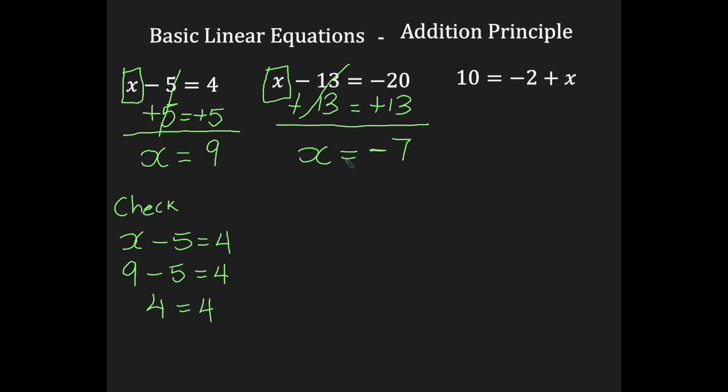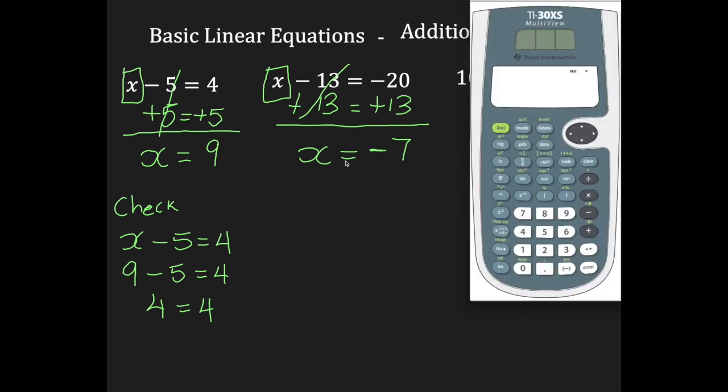Now many times when I give a test, students would always ask me, how do you enter this in the calculator? And I always say to them, well, if you could enter this in the calculator and get an answer, I would be out of a job. You cannot put x minus 13 equals negative 20 in the calculator and get an answer. Students think they can do that because they see x here and all of these letters.